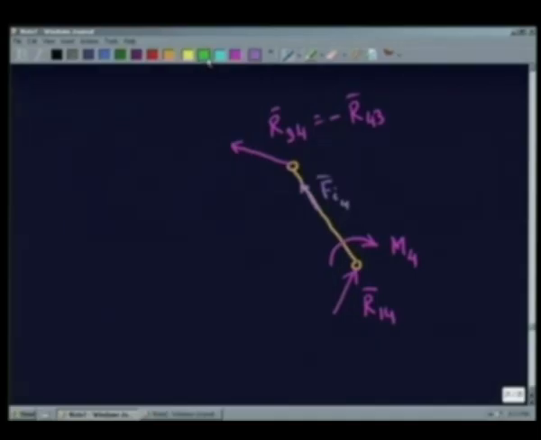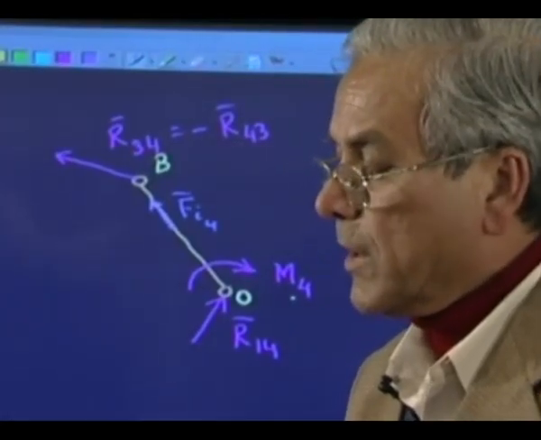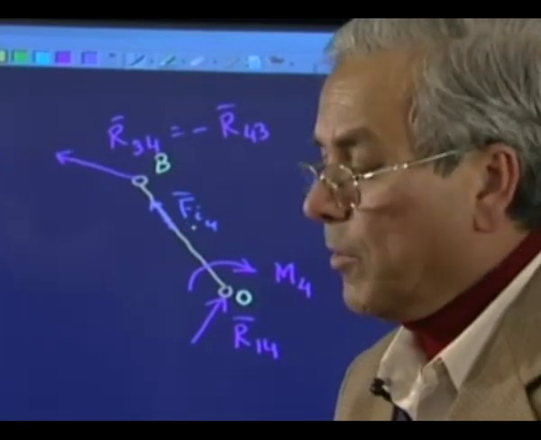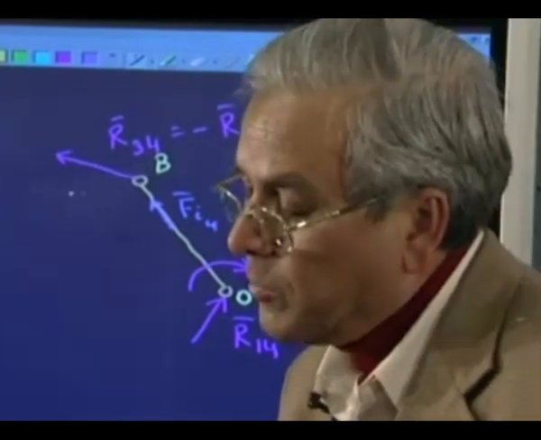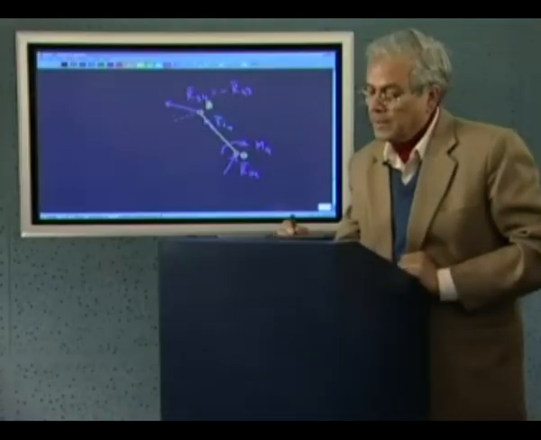So if we take the moment about point O, the total moment must be 0. So we can say moment of this is 0. This produces a moment M4 in the clockwise direction. This produces 0 moment, and this produces how much moment? That we can find out by taking the normal component.